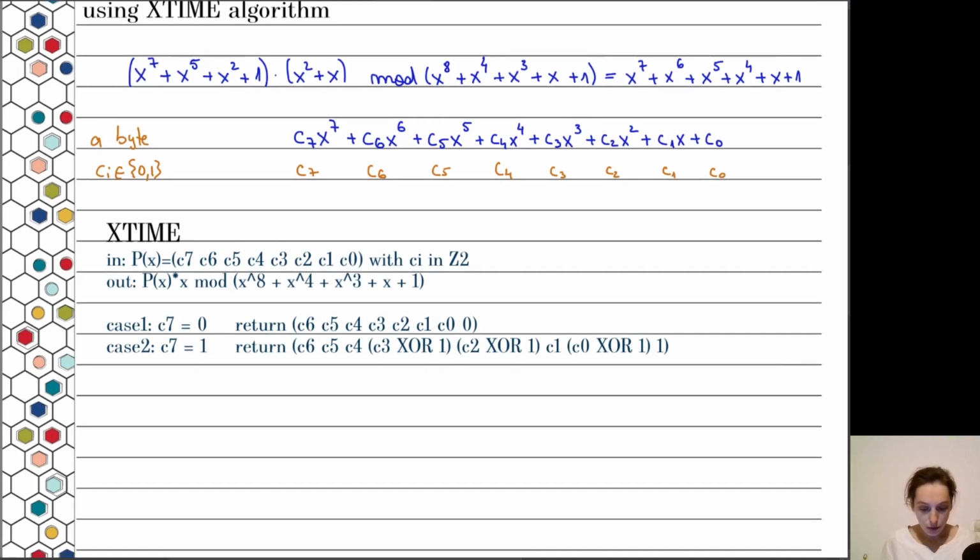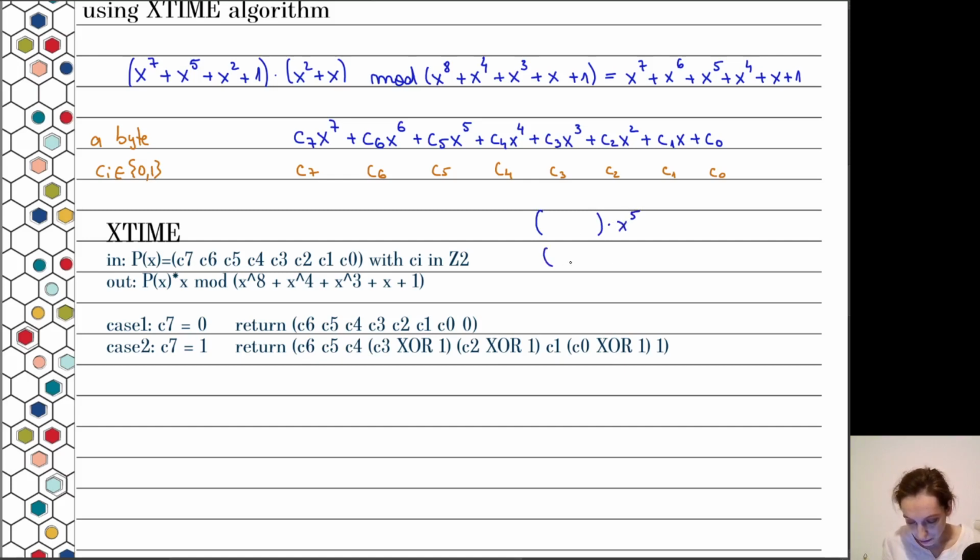If we would be interested to multiply a polynomial by, let's say, x times 5, we will multiply this polynomial by x 5 times. So let's say this is the polynomial we want to multiply by x powered by 5.